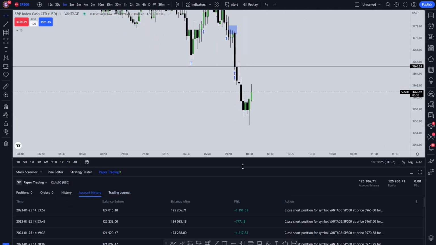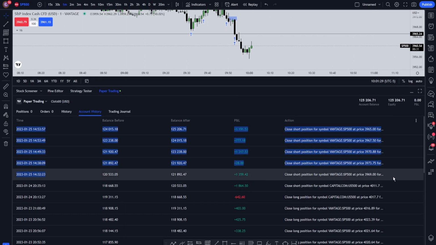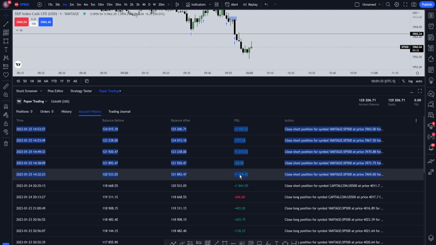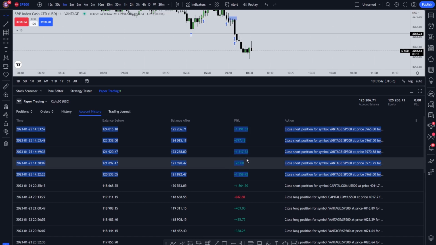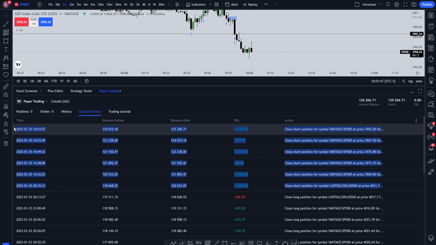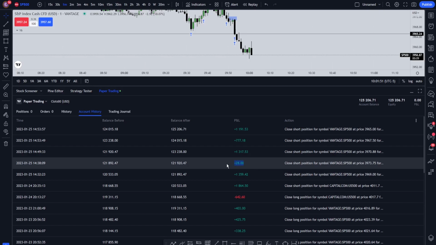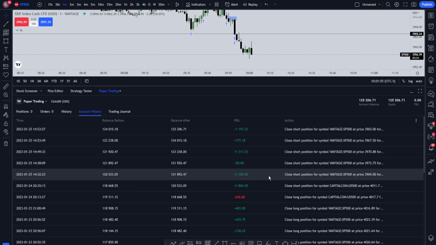Now looking at the trade history for today, let's see how much we got. We've got around 4.5%. So 4.5% day, pretty nice. 1 break even, partials, power of partials, lovely jubbly.